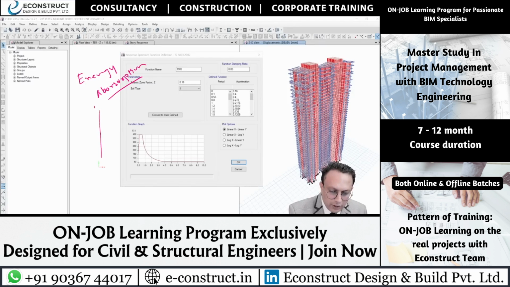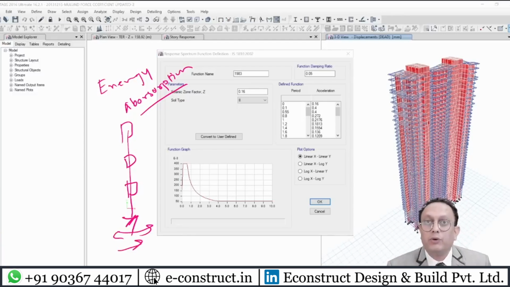It will absorb the energy. Have you seen any particular building where the ground motions have stopped but the building is still vibrating? Look at this building, it is vibrating since 2 years. Something is wrong with the structure, am I right?